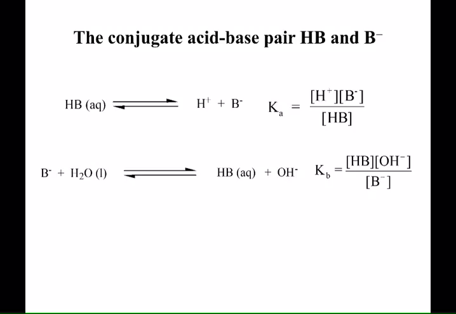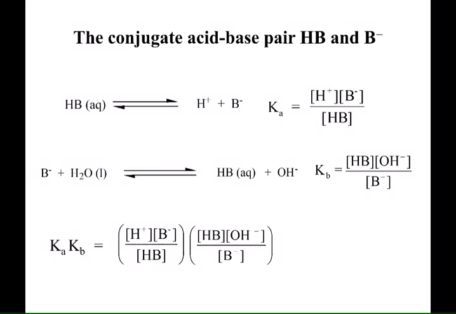So we take the product of those two terms, and it looks like this. I love it when these proofs fall into place. Notice what cancels. Your HBs cancel, your B minuses cancel. As long as it's a conjugate acid-base pair, you end up with hydrogen ion concentration times the hydroxide ion concentration, which is Kw. So that's a little proof of how that all works.